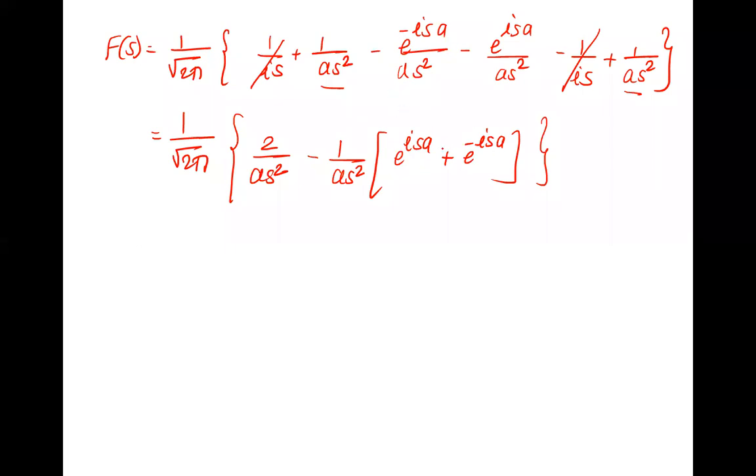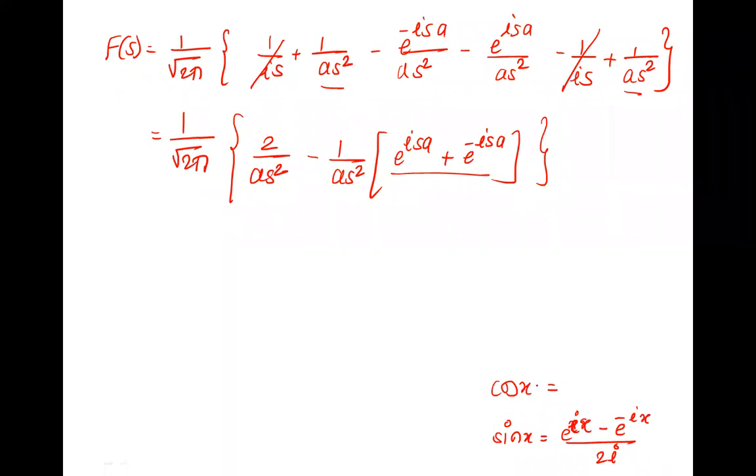But this is some formula, divided by what term is there? 2i. If it is i, there should be 2i or 2. No, 2 I guess. Cos x and sin x. What is sin x? I told you, e raised to ix minus e raised to minus ix upon 2i.